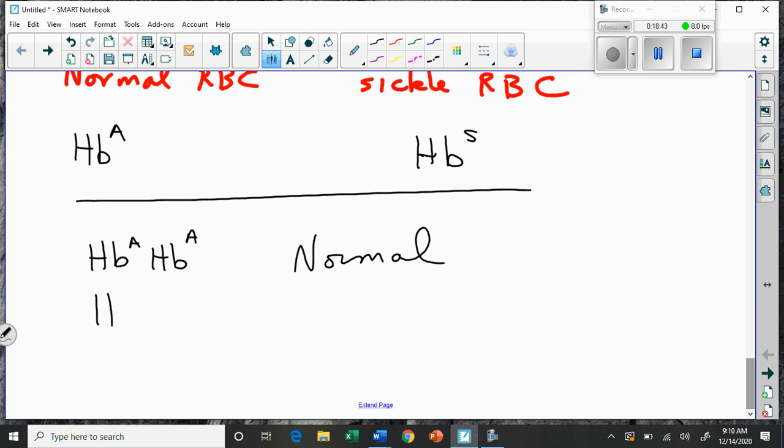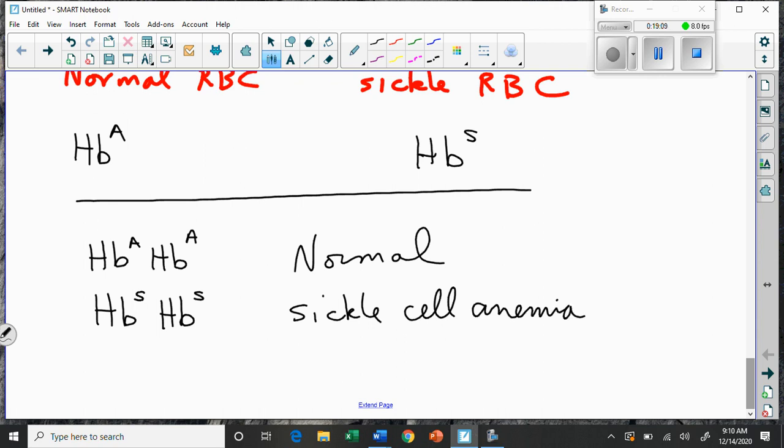And if you had this, if you had both sickle alleles, this would be sickle cell anemia. This would be a very, very dangerous disease. Because in the sickle cell form, the blood cells are not as good at carrying oxygen. So this means that you're going to have trouble getting oxygen to your cells, and it's a very serious condition. Okay? And it can even result in death.